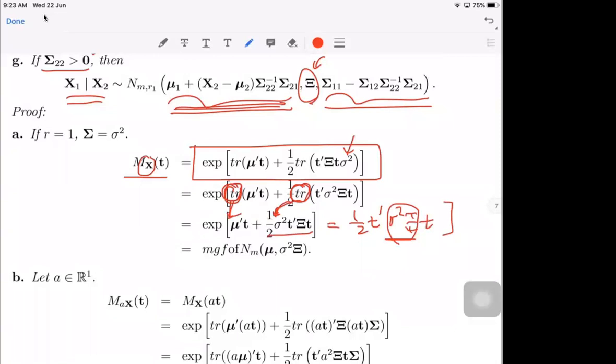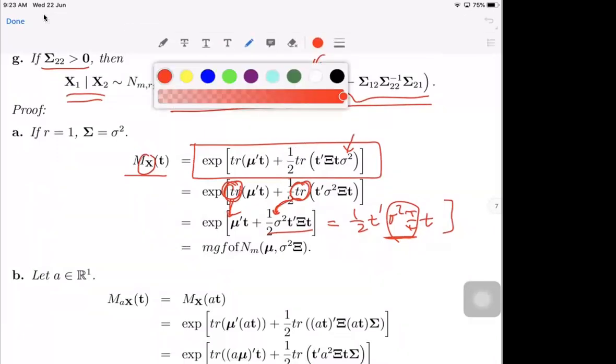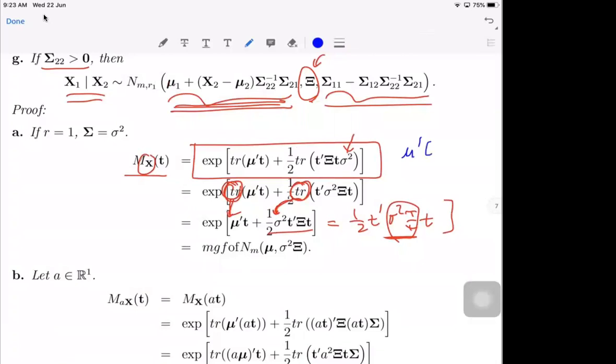Scalar. What's the dimension of mu prime t? Anybody? 1 by 1. It's 1 by 1, no?